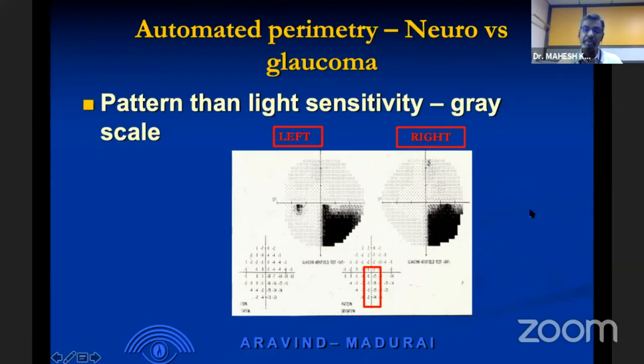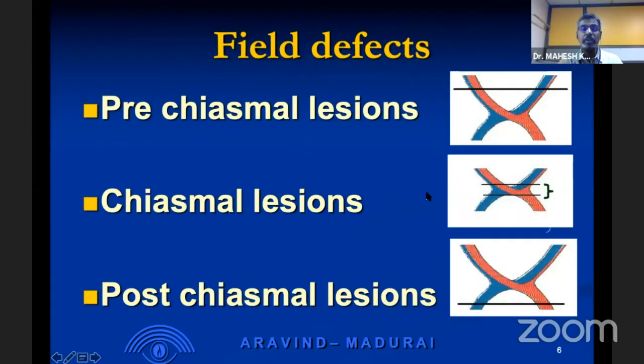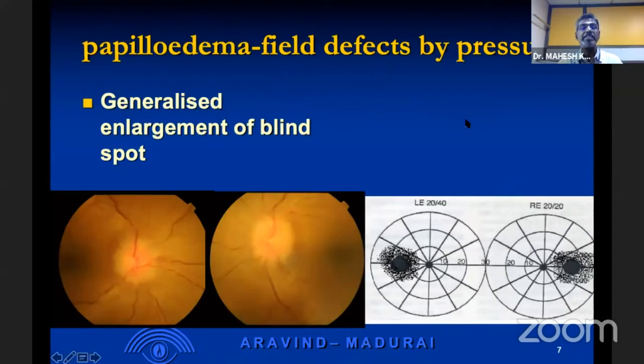In the localization, we can divide it into pre-chiasmal, chiasmal, or post-chiasmal lesions. Among the pre-chiasmal lesions, these conditions, though not exactly of localizing value, have some characteristic patterns which will help us to detect early signs of visual loss or early instances where we may need to intervene.